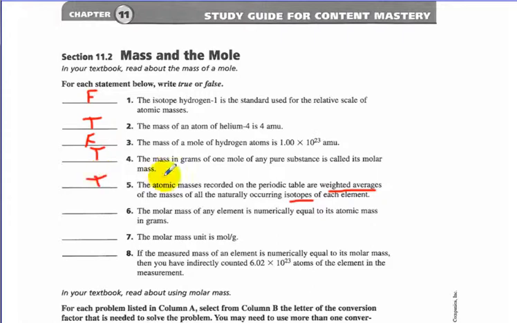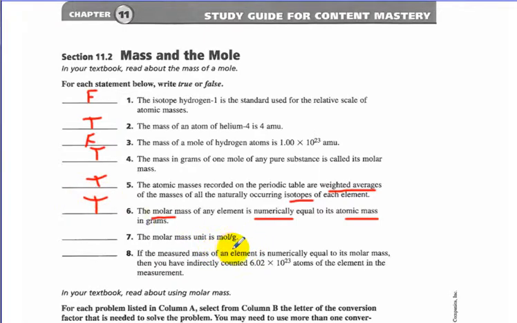And the molar mass of any element, its number is equal to the atomic mass in grams. So yes, those periodic table masses are relative masses to each other, but if we were to take a mole of that particular element, we could represent that as a molar mass, grams per mole. That is in fact true, so that's a key point to note there.